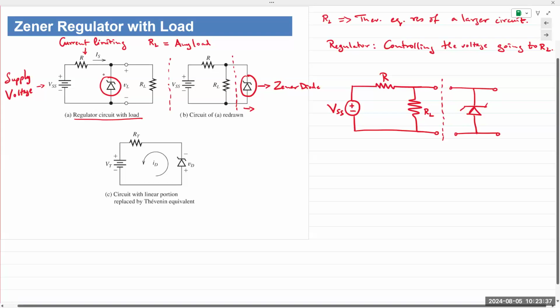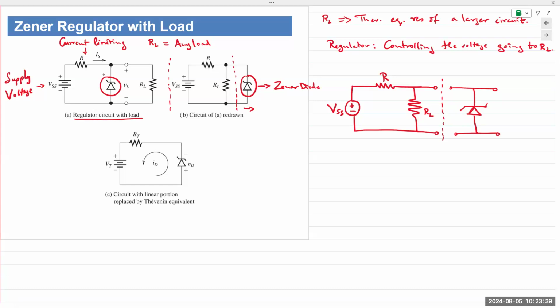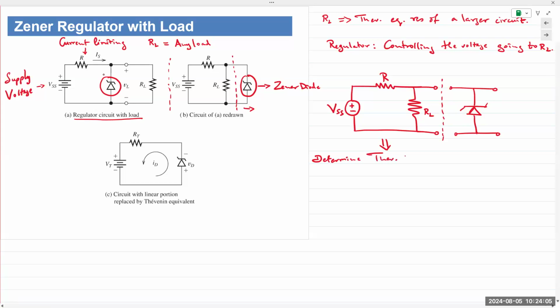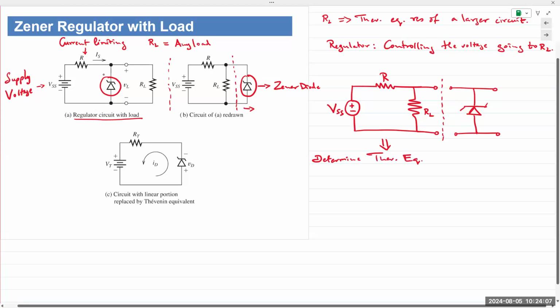So we analyze the rest of the circuit without the diode, and we need to know what the voltage is that is being applied at the output terminals. And for that, we go back to the end of chapter 2 in 201 to determine the Thevenin equivalent network, or equivalent circuit.